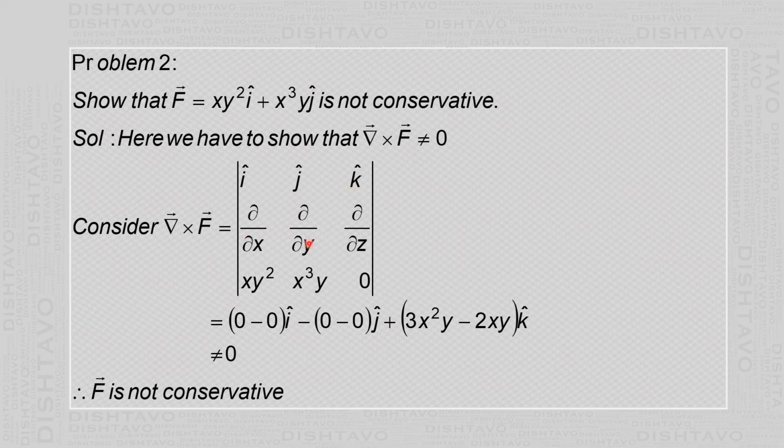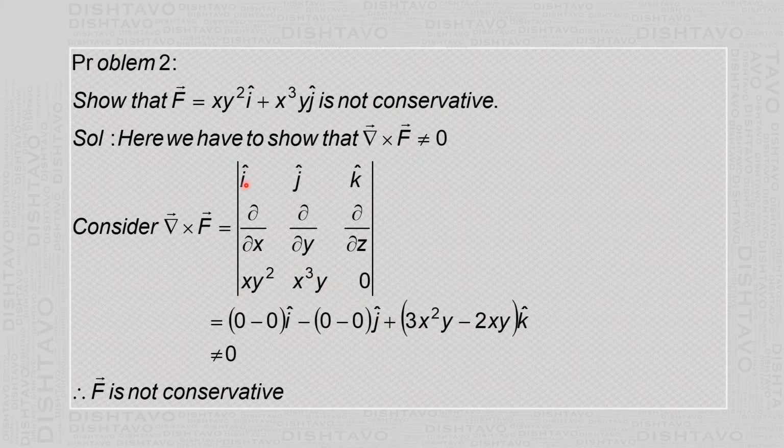The second row contains the components of the first vector, that is del, whose components are dou by dou x, dou by dou y, and dou by dou z, and the third row contains the components of vector f, which are xy square, x cube y, and 0.